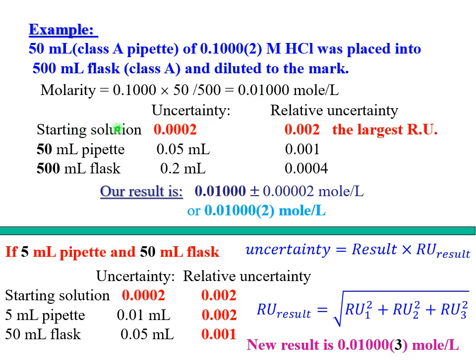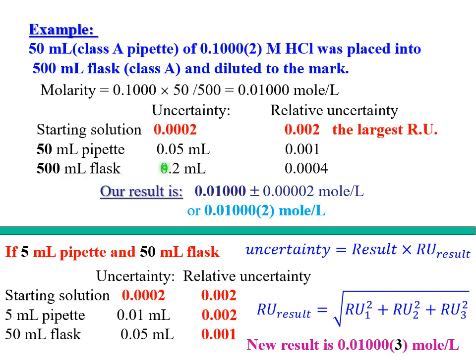And now what about uncertainty? My starting solution had this uncertainty with this absolute magnitude, so relative uncertainty was 0.02. What's the uncertainty of my pipette? Tolerance is 0.05 ml, getting it from the table. So relative uncertainty is 0.01.